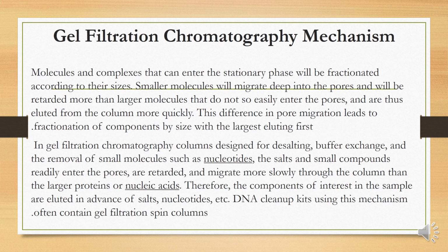Therefore, the component of interest in the sample will elute in advance of the salt, nucleotides, etc. Kits such as DNA clean-up kits use this mechanism and often contain gel filtration spin columns.